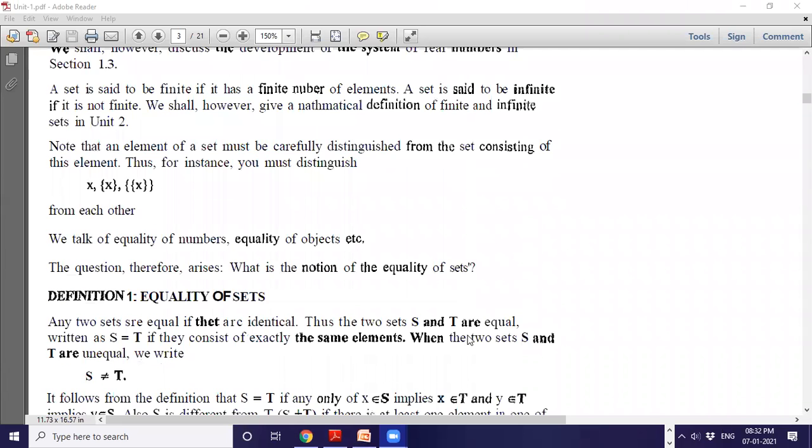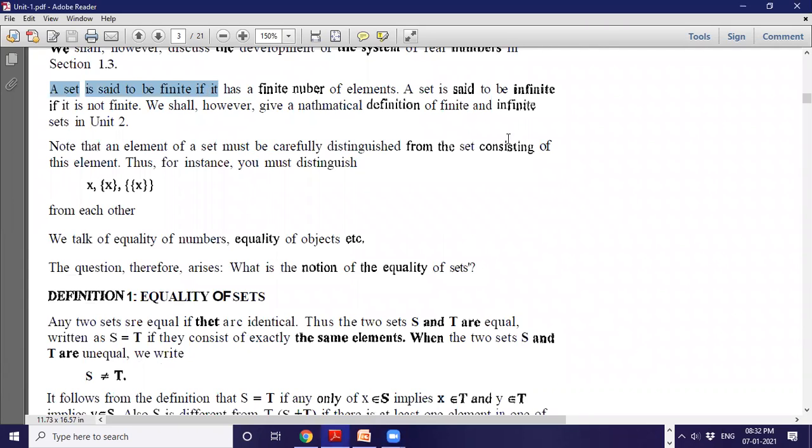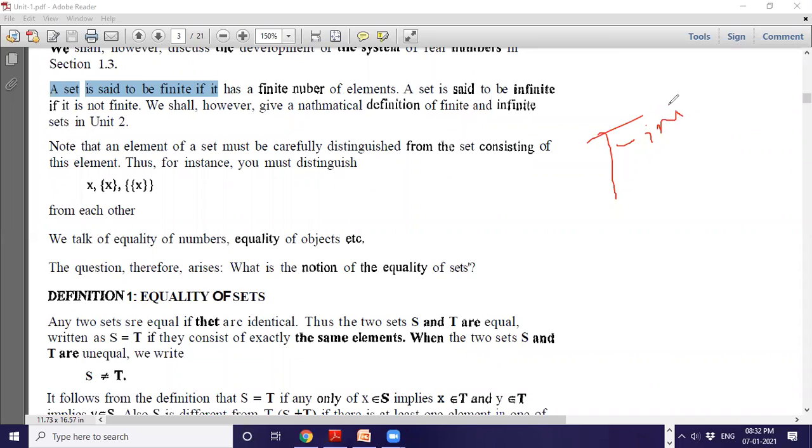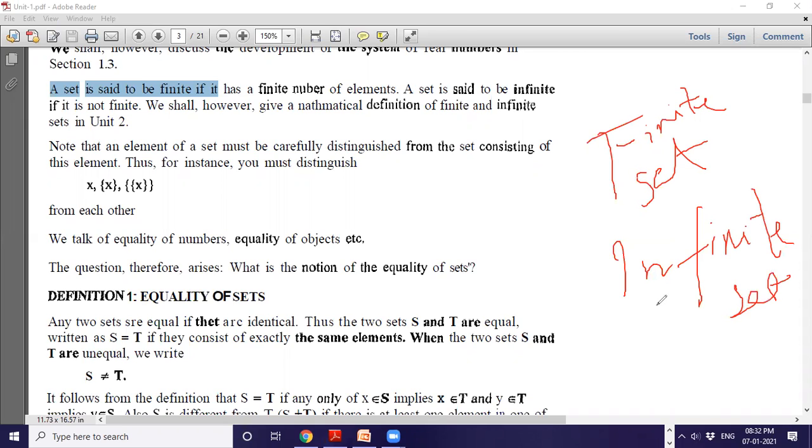Now, the next concept that will come to our mind: finite set and infinite set. So let's come to the finite set. A set is said to be finite if it has a finite number of elements.